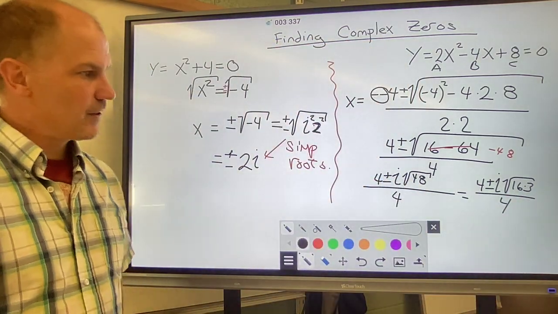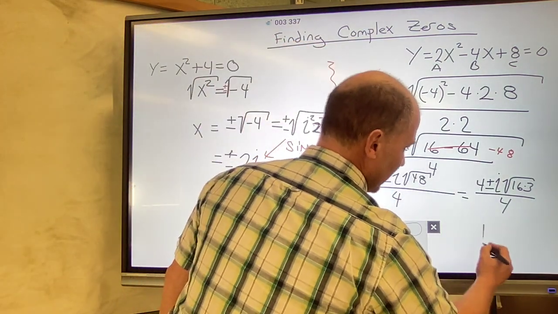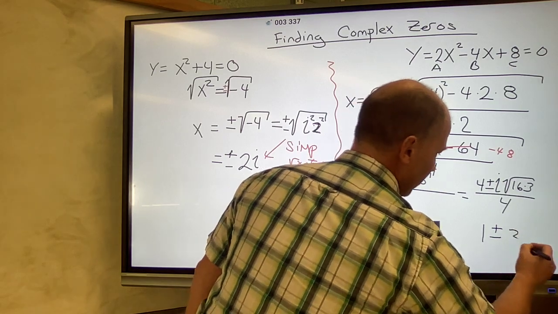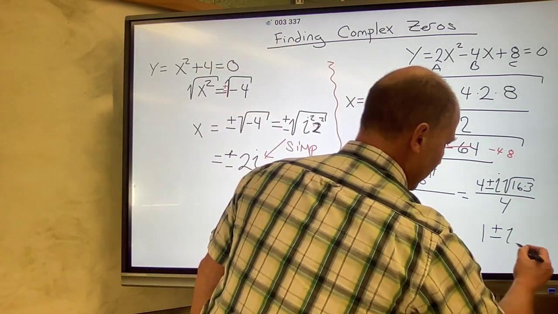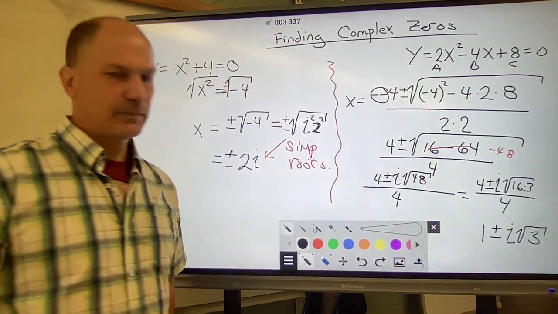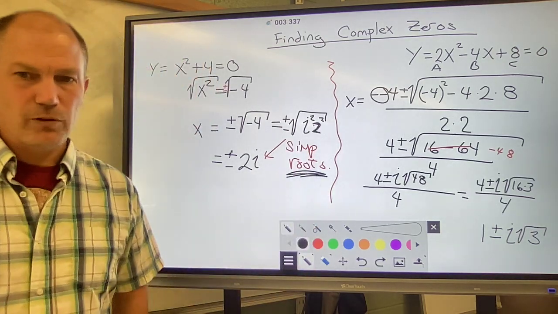I know that the square root of 16 is 4. So this whole thing is going to boil down to 1 plus or minus i root 3. And if you need help simplifying that, again, that's down here at simplifying square roots.